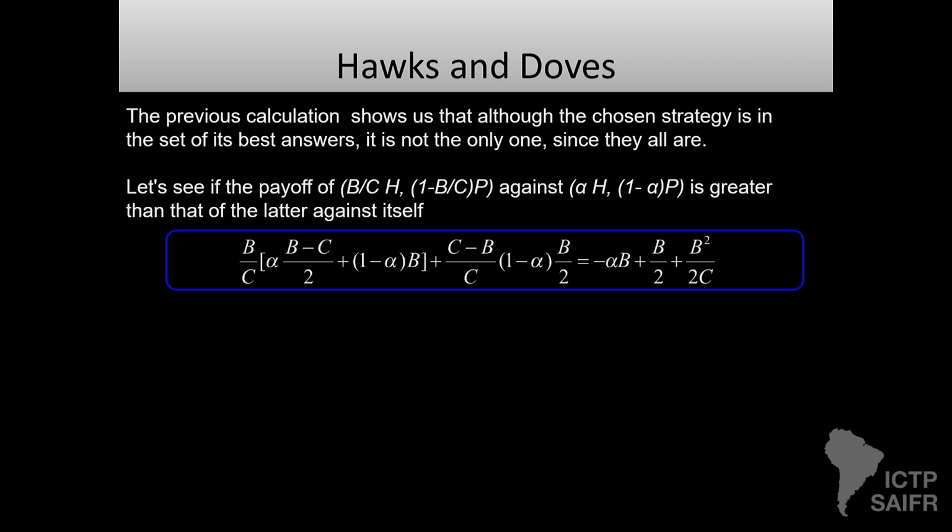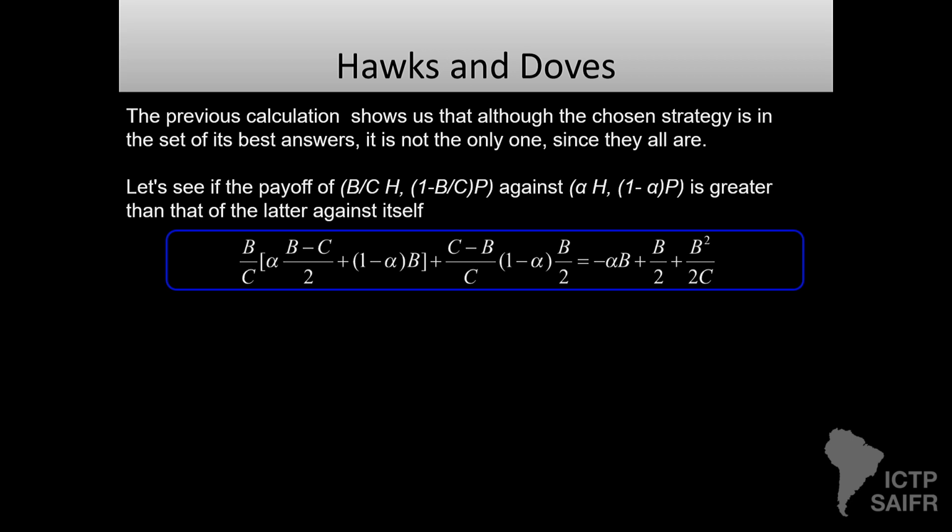Let's calculate the payoff of rho, 1 minus rho against alpha, 1 minus alpha. And you will see that the payoff of this strategy against this one will be always higher than the payoff of this strategy against this one.